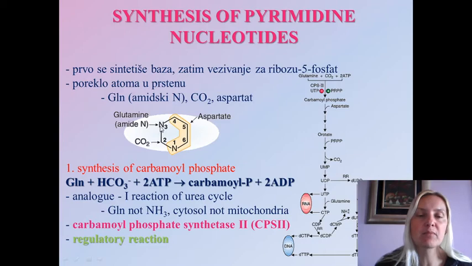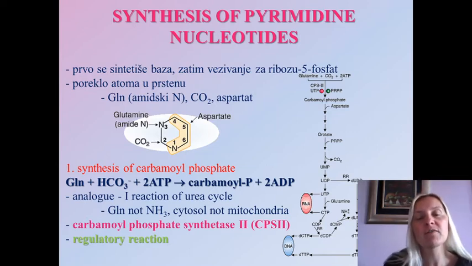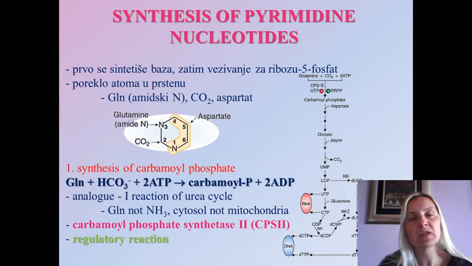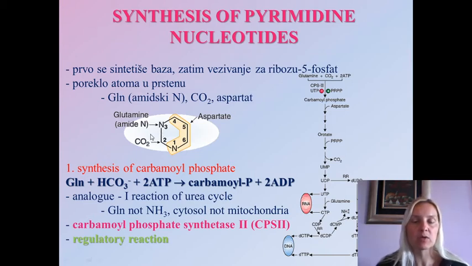The third member of the heterocycle is a nitrogen atom, and it originates from the amide group of glutamine. And the fourth, fifth, and sixth members of the pyrimidine ring are carbon atoms, and they completely originate from the aspartate molecule.